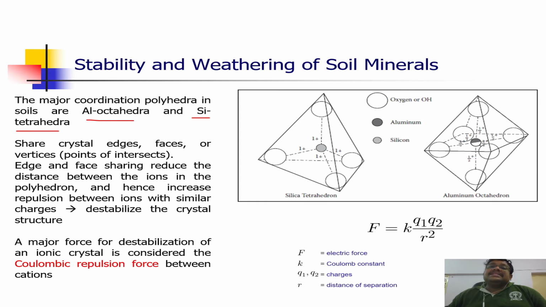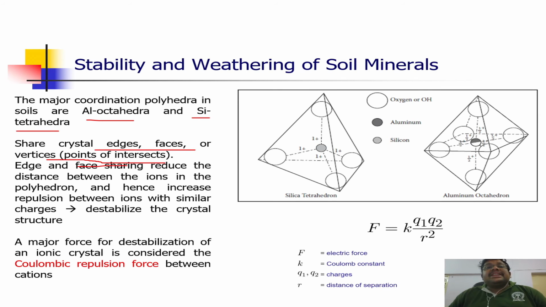Now remember that the silica tetrahedra arrange themselves in a specialized manner to form the mineral structure. Same thing goes with the aluminum octahedra. Now both of these tetrahedra and octahedra, they can share the crystal edges, also faces or vertices, which are basically the points of intersection.